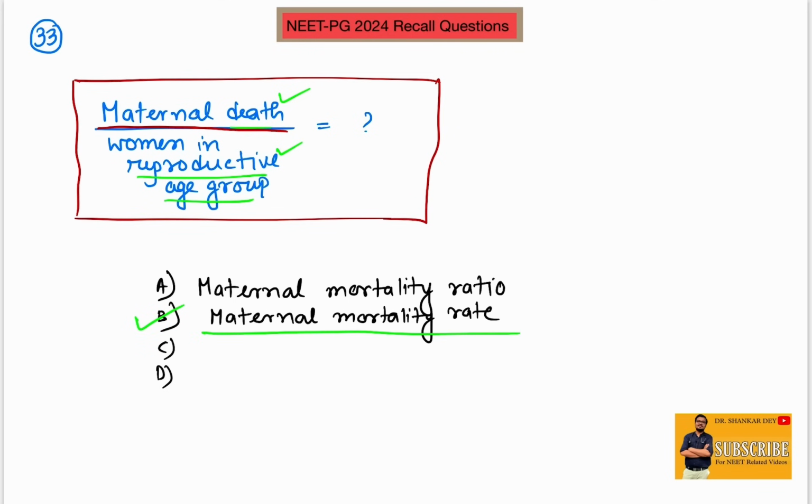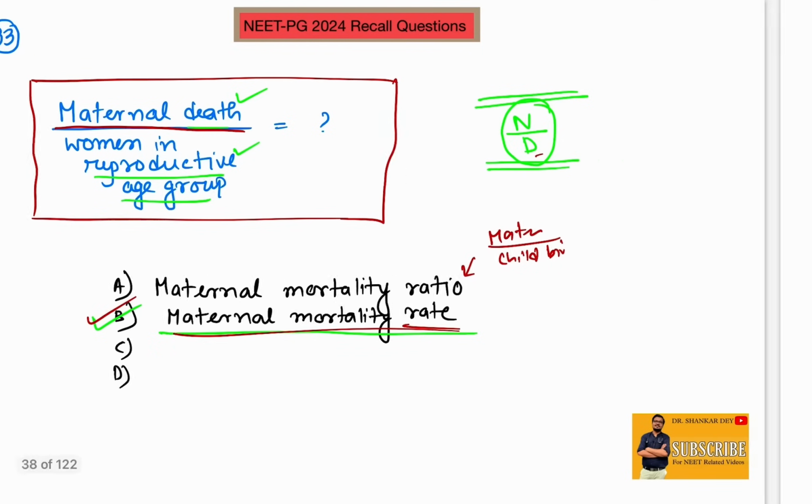So maternal mortality rate, because numerator and denominator are from the same segment. If maternal deaths were divided by the number of childbirths, then it should be a ratio. But it is maternal death by women in the reproductive age group, so I think the rate question was given directly: maternal mortality rate.